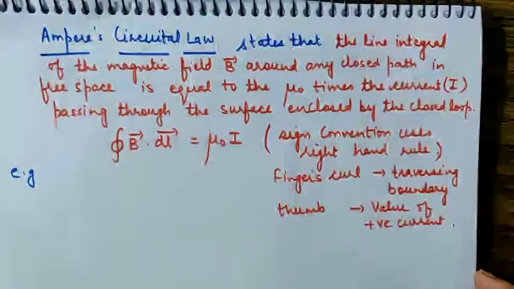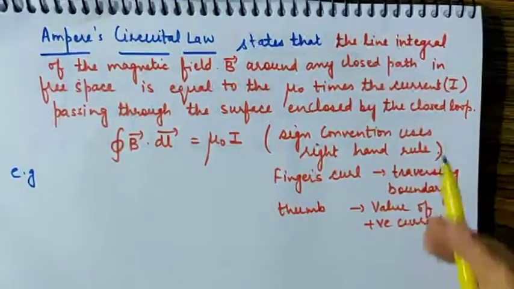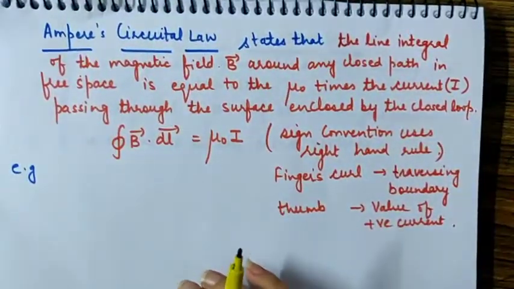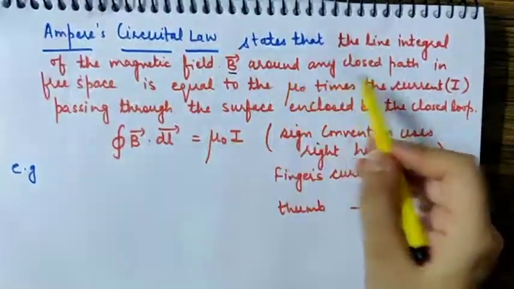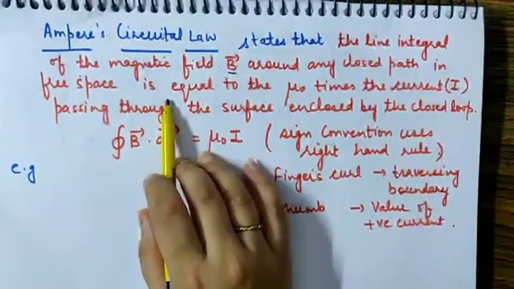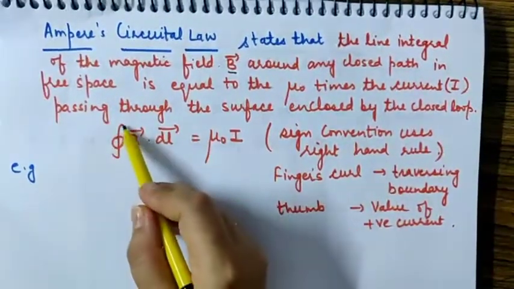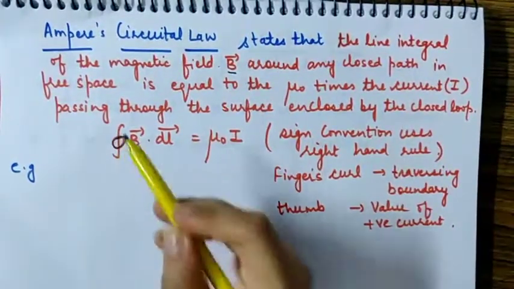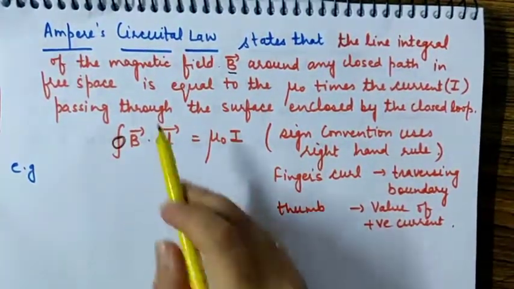So, what is Ampere's circuital law? Let's have a look. The line integral of the magnetic field B vector around any closed path in the free space. Line integral means you would have to do an integration, and it was over a closed path. That's why we have placed a circle here.